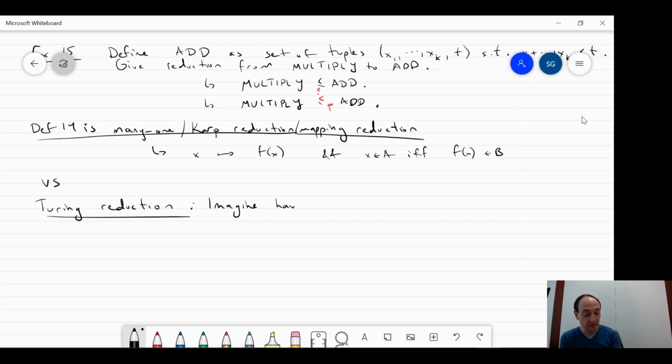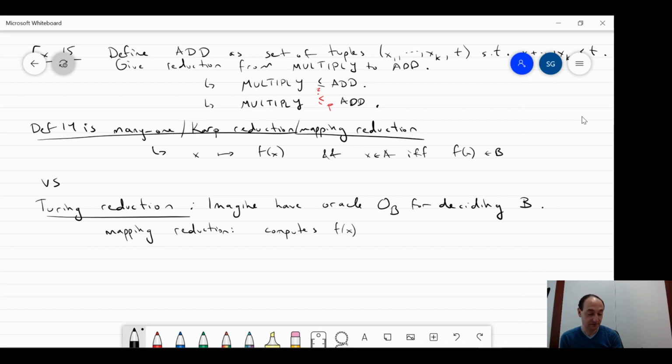Imagine we have an oracle, or a black box, which I'm going to call OB, for deciding the second language B. What a many-one or mapping reduction does is, given x, it computes f of x, plugs f of x into the oracle for B, and outputs OB's answer.